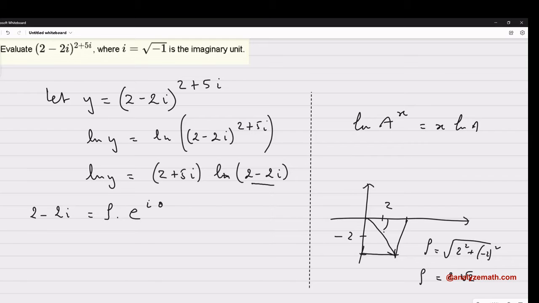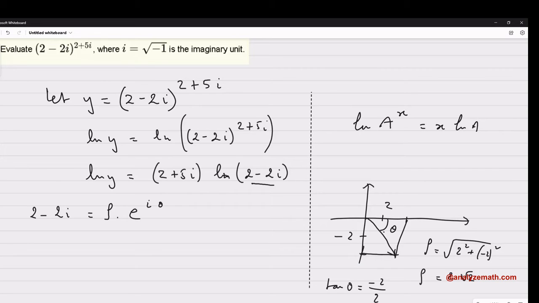The angle theta is this. The tangent of theta is equal to the opposite side, which is -2, divided by the adjacent side, which is 2.